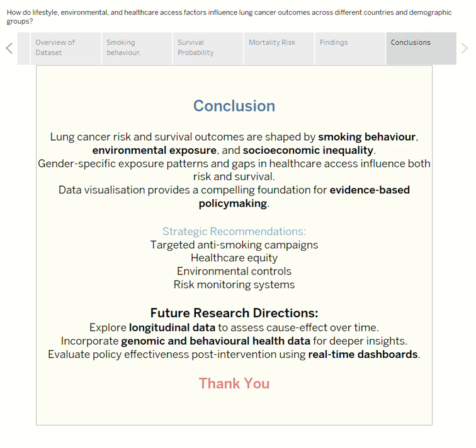First, public health campaigns should be more targeted, particularly toward male smoking behavior and household environments where second-hand smoke affects women and children. Second, addressing healthcare inequality is vital. Expanding screening programs in low-income and rural regions can support earlier diagnosis and improve survival rates.